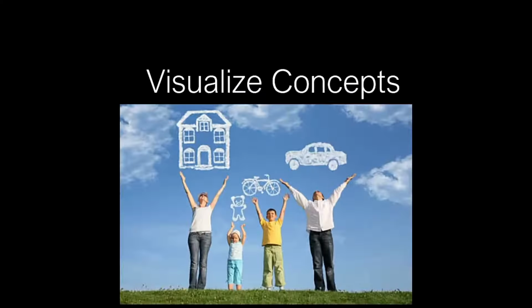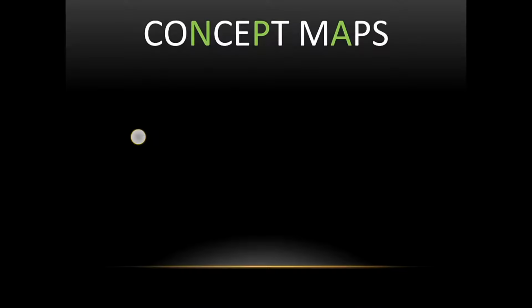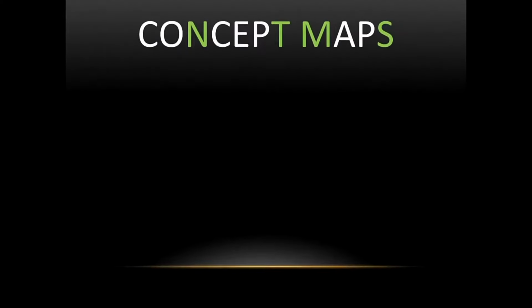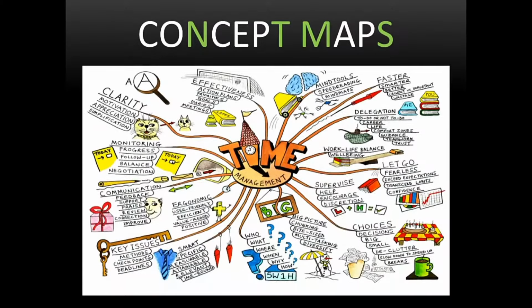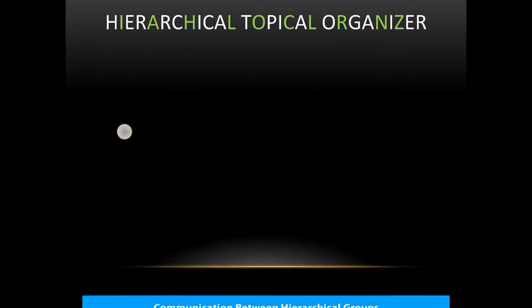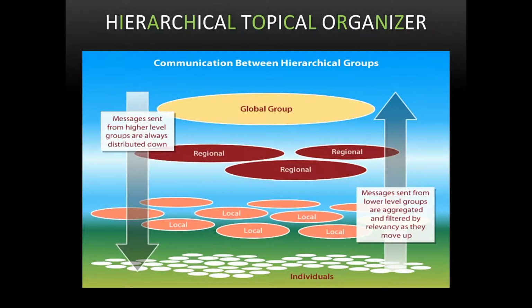Here's how to do the visual concept. This is another example of a concept map. Here is an example of hierarchical topical organizer.